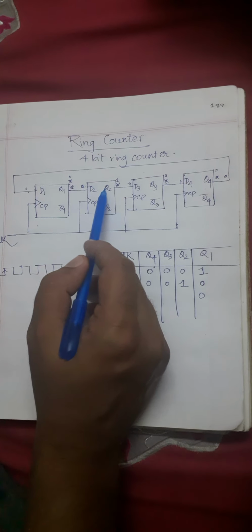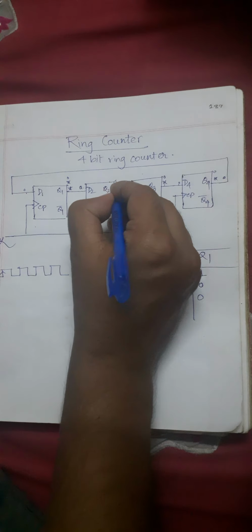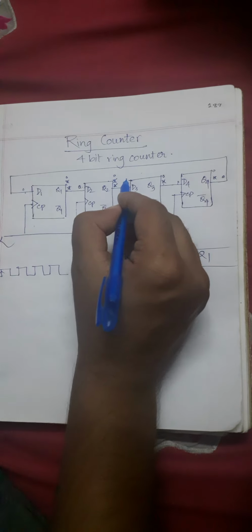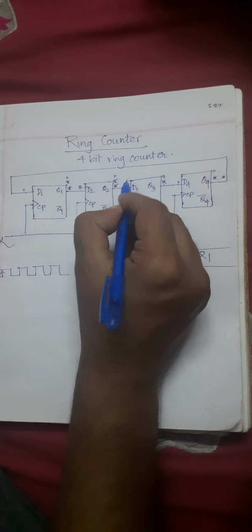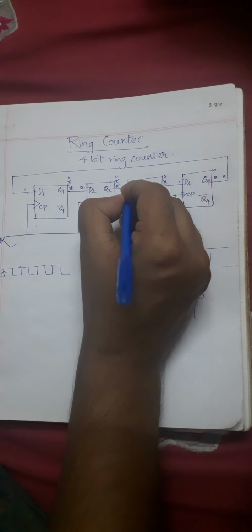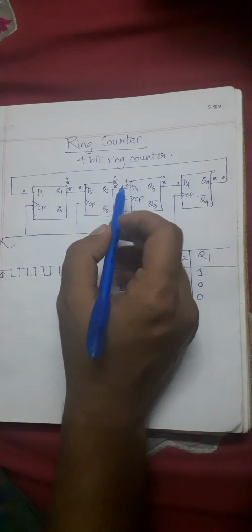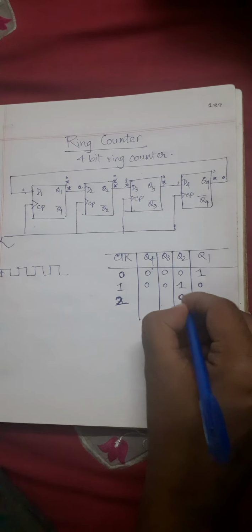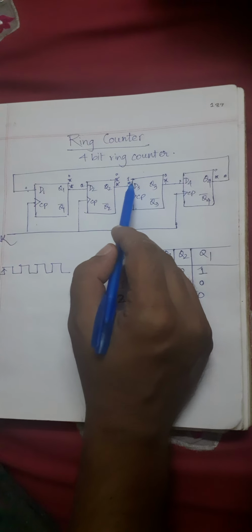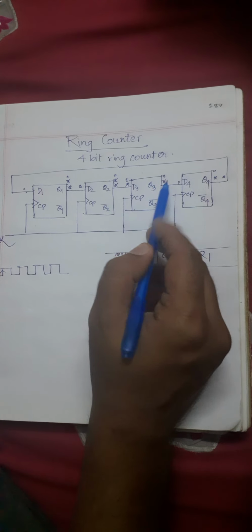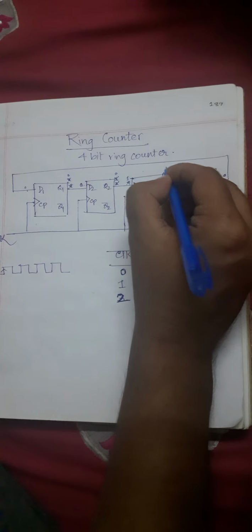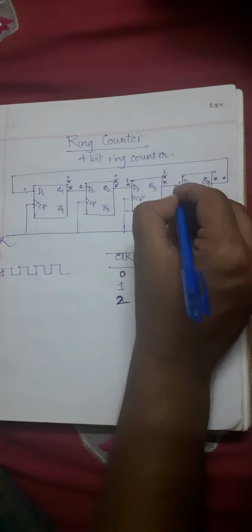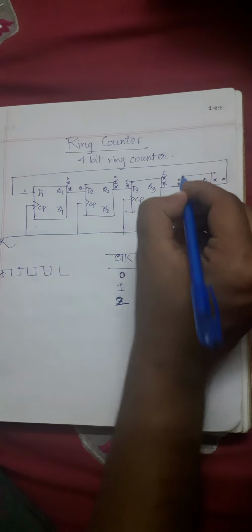Due to this 0, we will have a q2 value of 0, and this 1 will travel here, it will go here. Okay, so let's write q2 as 0, and due to this 1, we will have 1 here, and this 0 will travel here.